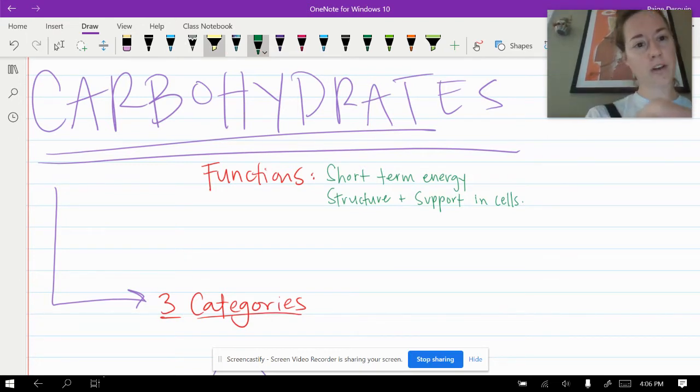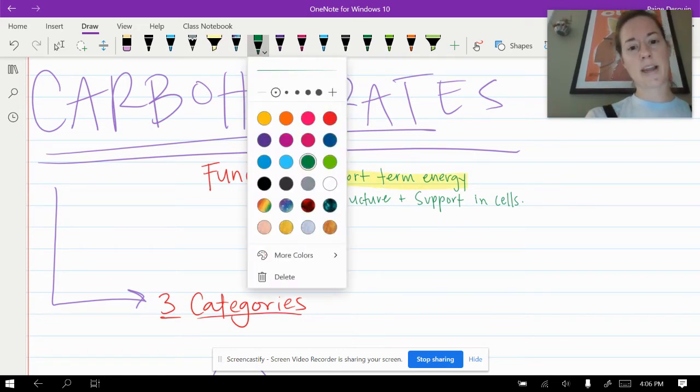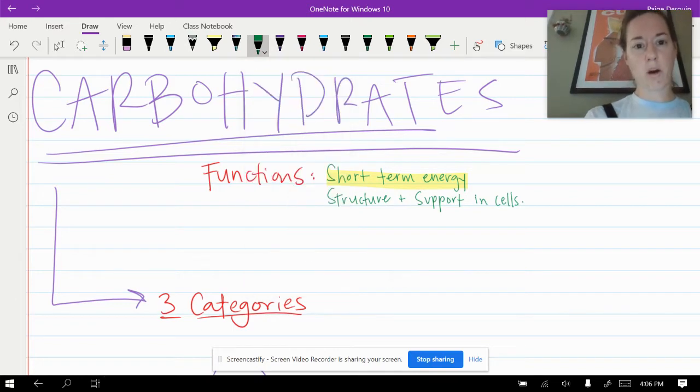But most importantly for us is the fact that they are quick energy. This is why if you're going to run a race or something, you eat carbs the night before, because they're the quickest energy source.